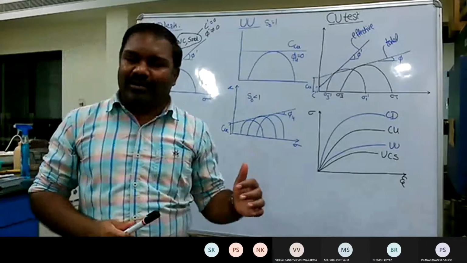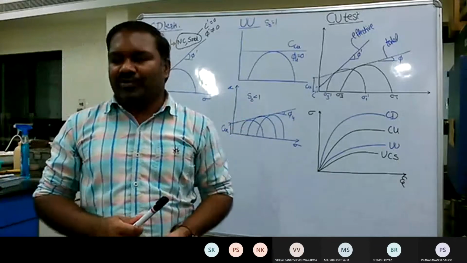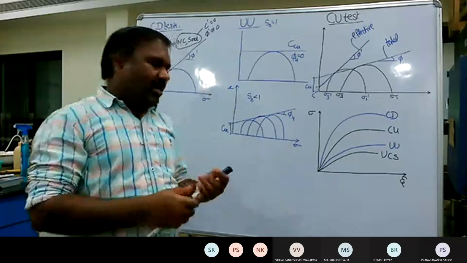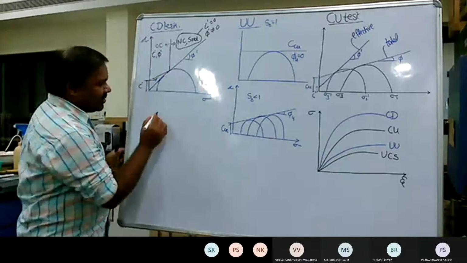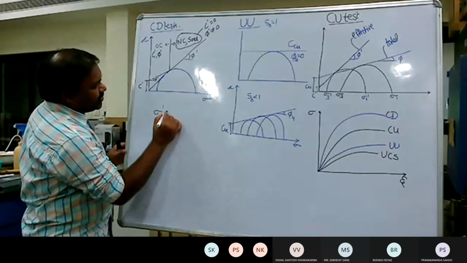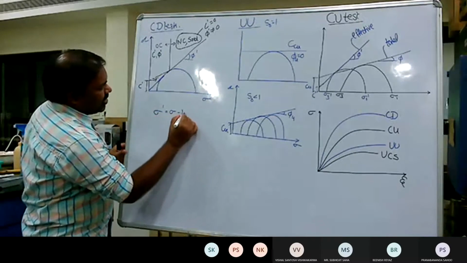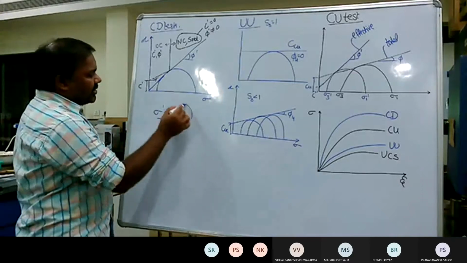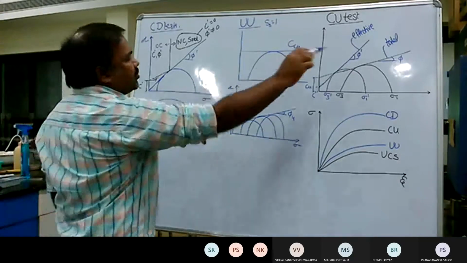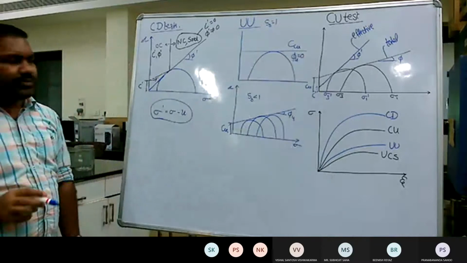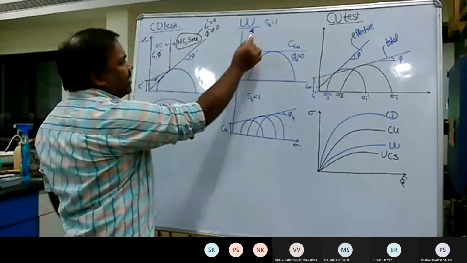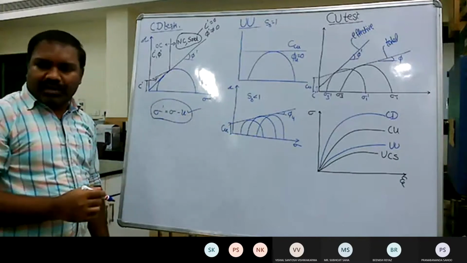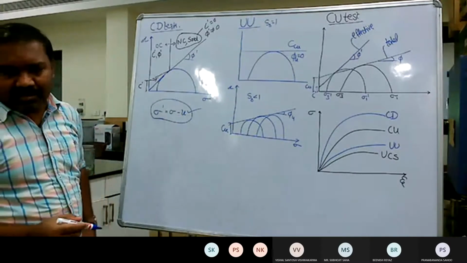When you expel the water from the soil sample, try to understand. The equation for effective stress is total minus the pore pressure. If you correlate this equation to these testing conditions, when you are conducting the UU, there is a full development of the pore pressure u. The u is highest.